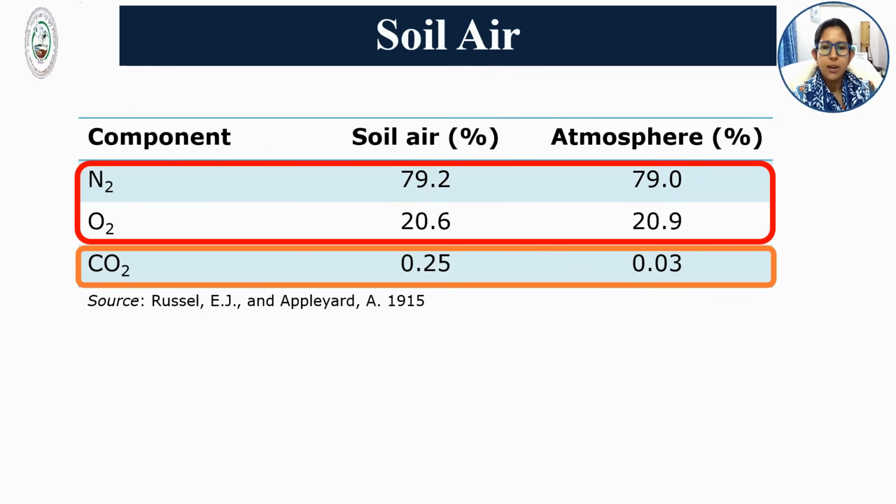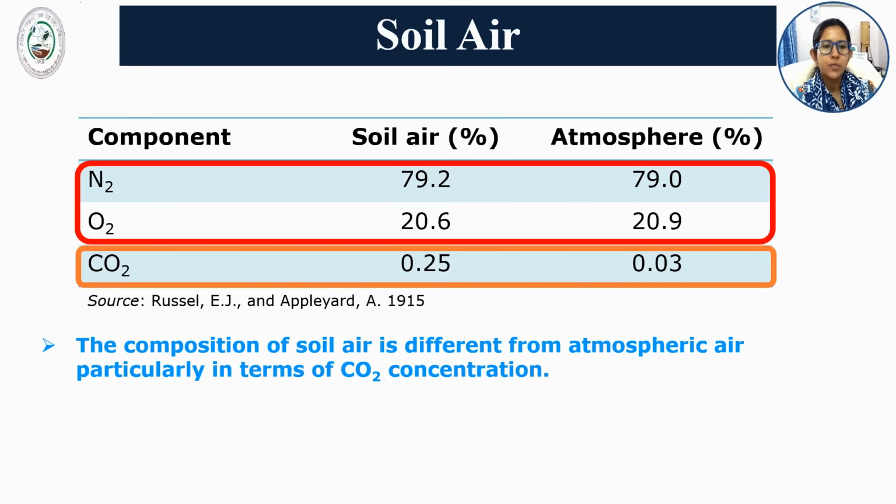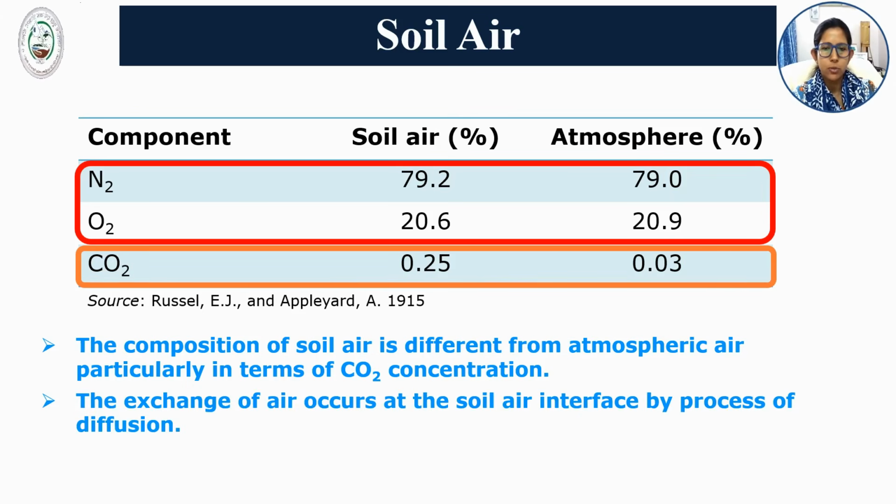This is mostly because microbes and plant roots are always respiring within the soil system, and the exchange of gases between the atmosphere and the soil occurs at a rate less than the amount of CO2 produced. So the concentration of CO2 is higher within the soil system. Now, this air is essential for the growth and respiration of plant roots and microorganisms.